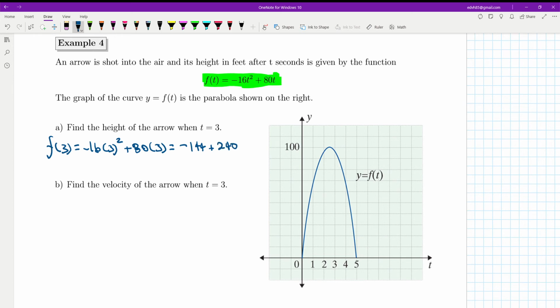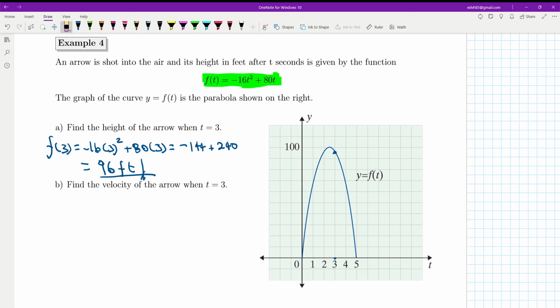And this reduces to 96 feet. And of course, we can sort of approximate or verify this from the graph of this function that we have next to it. So after 3 seconds, the y value right here is somewhere here, 96. It's almost the highest point in the parabola, but not quite.